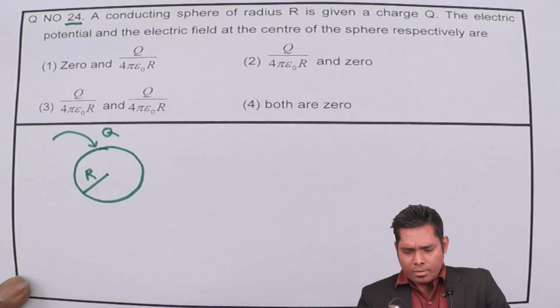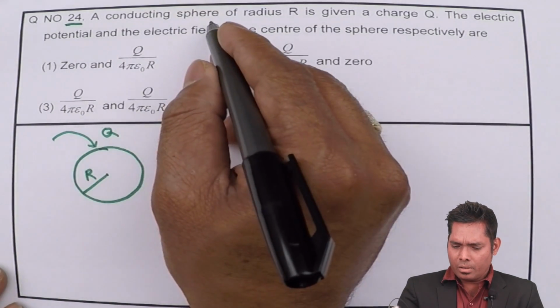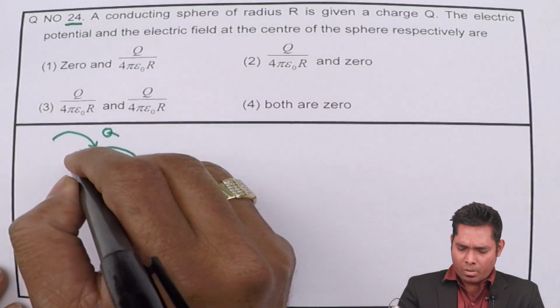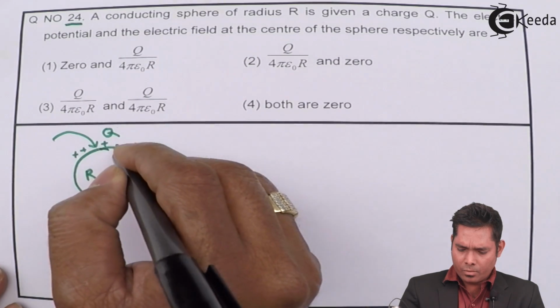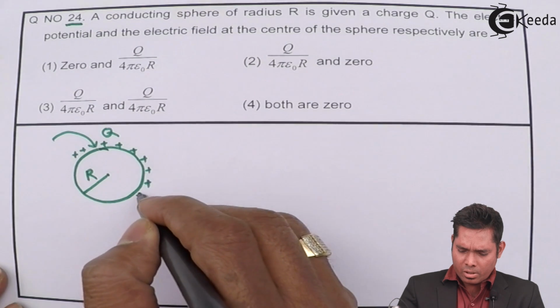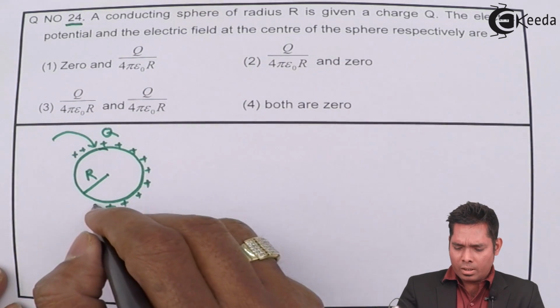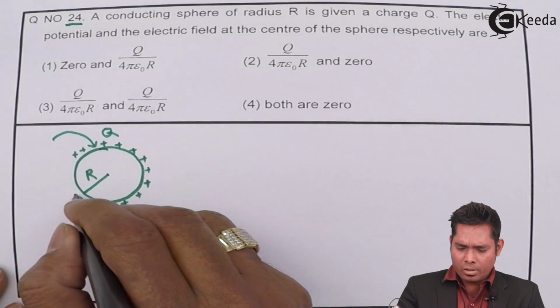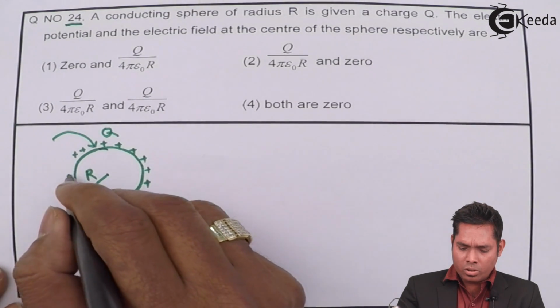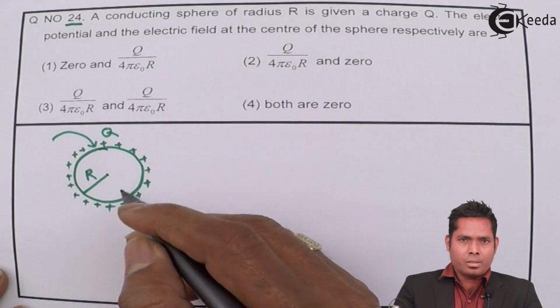And we know that when the charge is given to the conducting sphere, the charge will appear on the surface. The charge will get uniformly distributed over the outer surface and no charge is present inside.